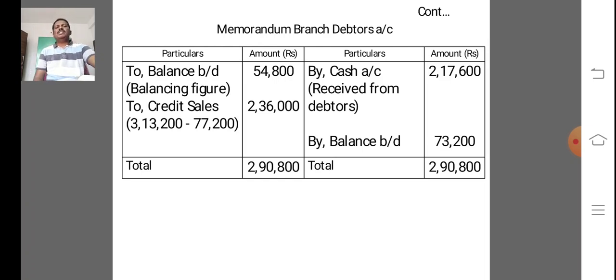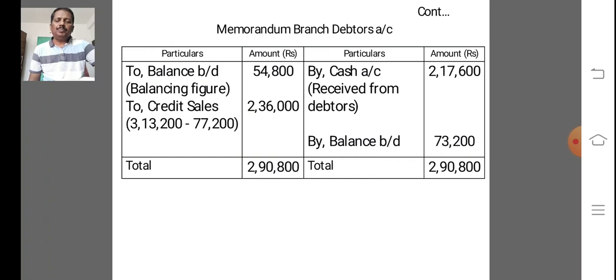To credit sales, that is 3,13,200 minus 77,200, we get 2,36,000. So the credit side total is 2,90,800. The difference is 54,800, which is the opening balance.